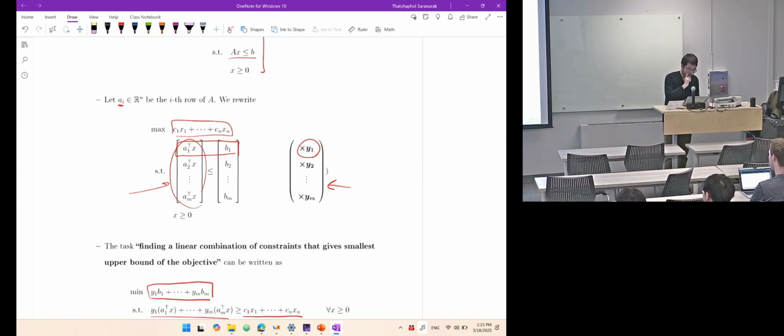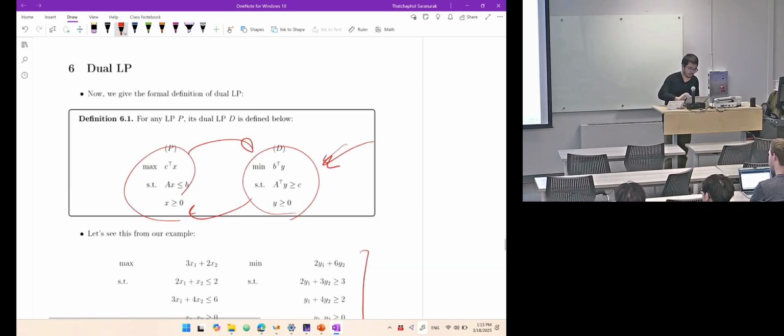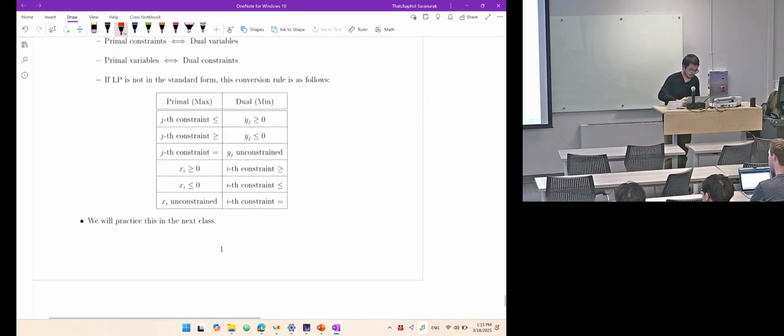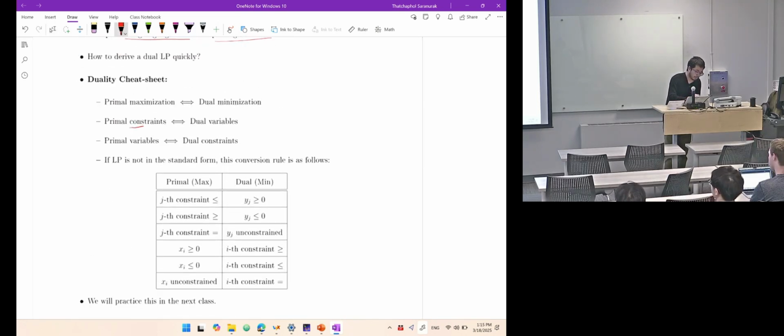And for each primal variable, it corresponds to one dual constraint. So primal constraints correspond to dual variables. Primal variables correspond to dual constraints.